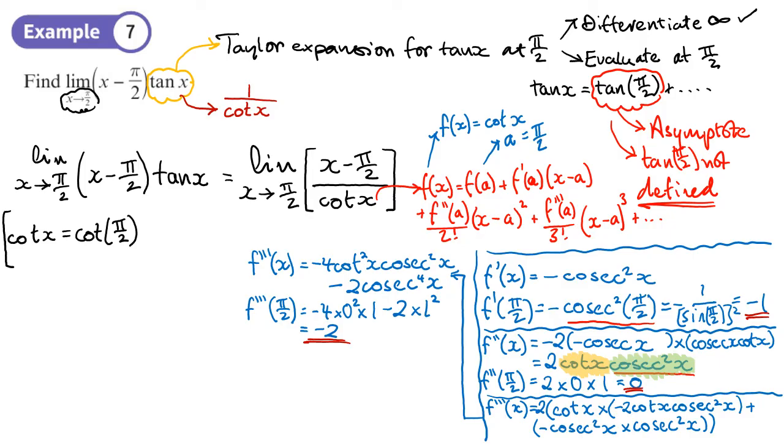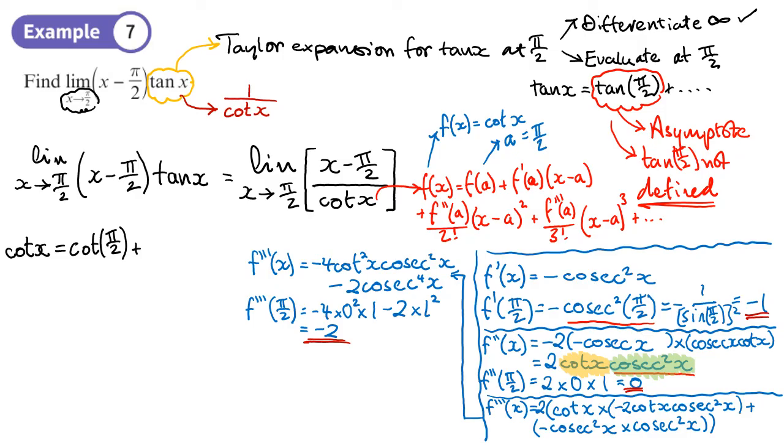Right, so now we can go back to what we had before, and actually I'm going to rub this out because I've sort of worked these things out already. So cot x, and all of this just to find a limit. Cot x, right, that's going to be cot of pi over 2, that's f of a, we'll work that in a minute, plus f dash of a, now what was that?